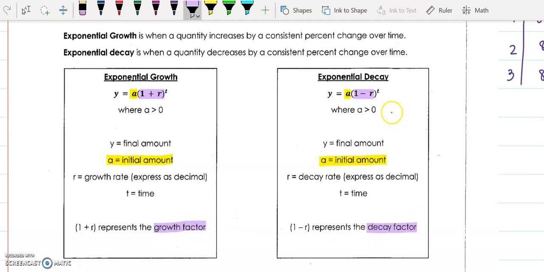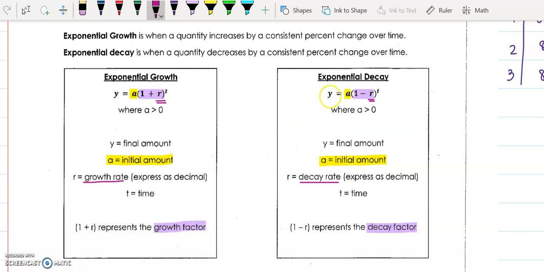Now within that growth factor, we have our growth rate. And so the growth rate will be whatever amount we have added or subtracted to create a growth or decay function. And so our growth rate, R, we'll use in decimal form inside the parentheses with the 1, but when we define the growth rate or decay rate, we can also write it as a percent.